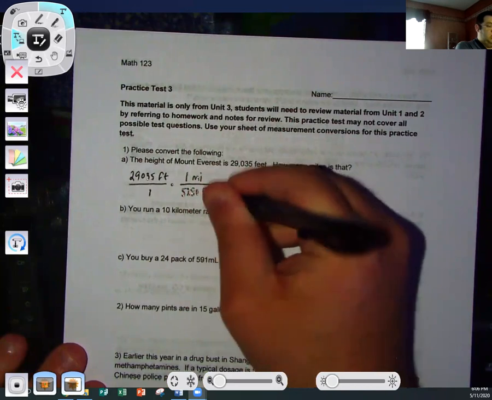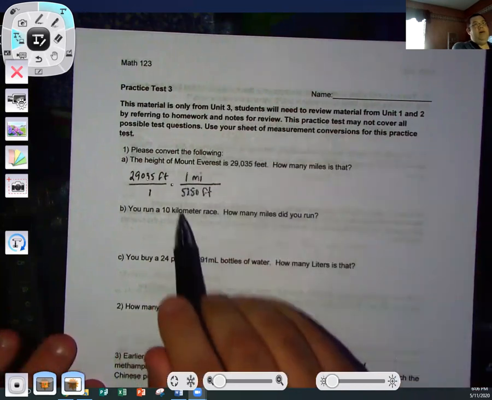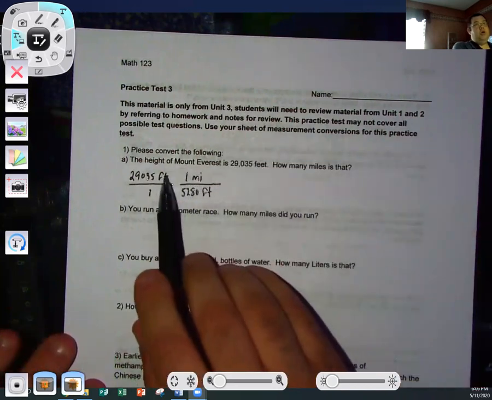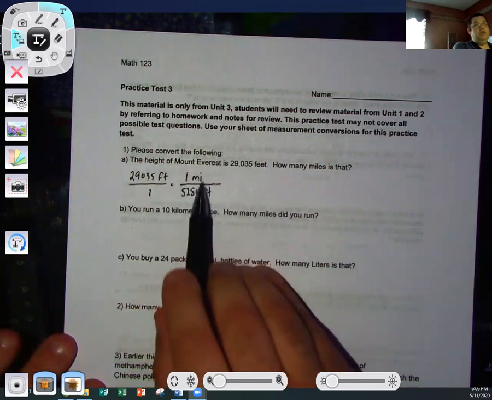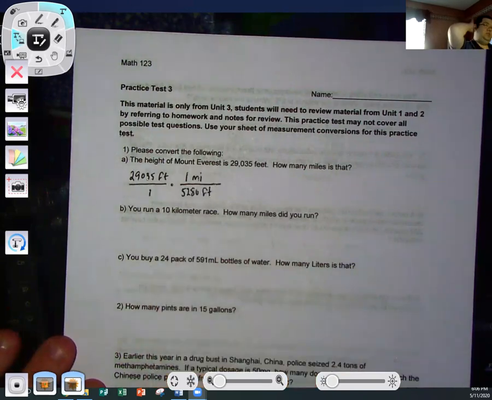5,280 feet. Remember, when using the factor label method, whatever unit you start with, you want it to be on the diagonal, and whatever unit you're converting to, you want it to be opposite.